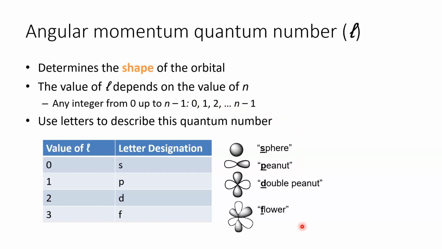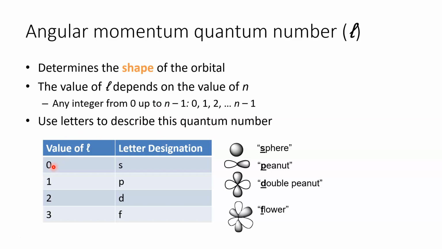And we'll practice applying this later, but for now I want to talk a little bit about how we designate these and how we write them. So n is always a number, 1 through infinity, and then in order to avoid confusion when writing these out, we use letters to describe this one here.